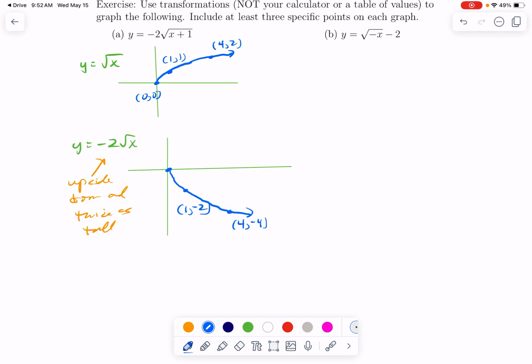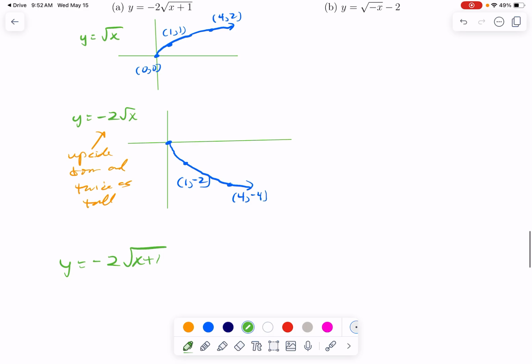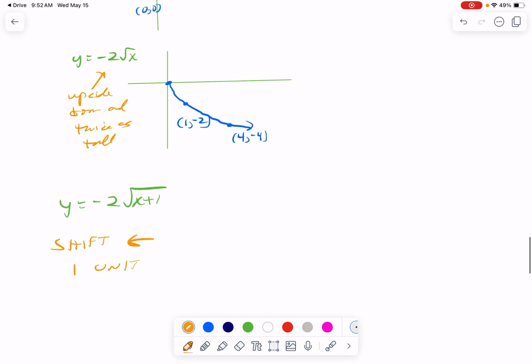And then finally, that plus 1 inside the function is going to shift left by 1 unit. I had a point here at (0, 0). If I shift that 1 unit to the left, it's now at (-1, 0).